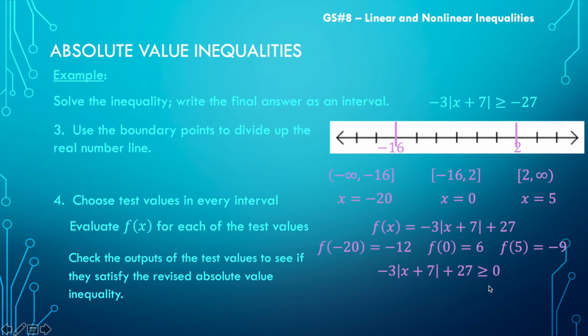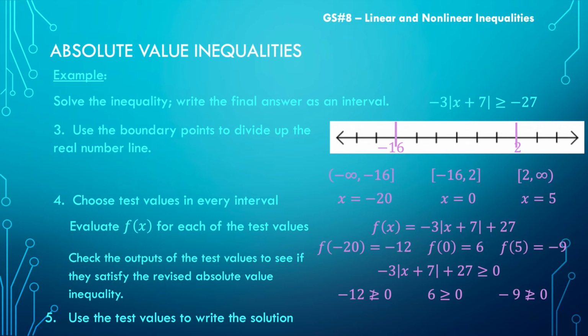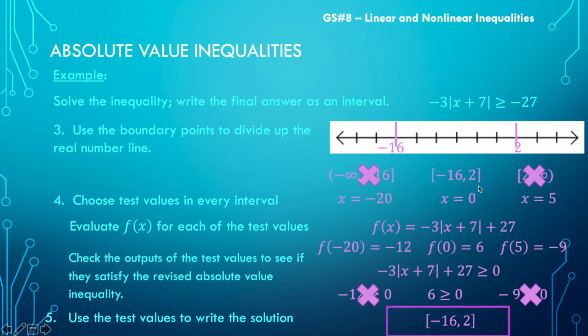That is a sad no as well. So we can get rid of these two test values. These outputs don't work, which tells me that the only interval that does work is right there in the middle. So this interval, negative 16 to 2, with those endpoints included, will work.